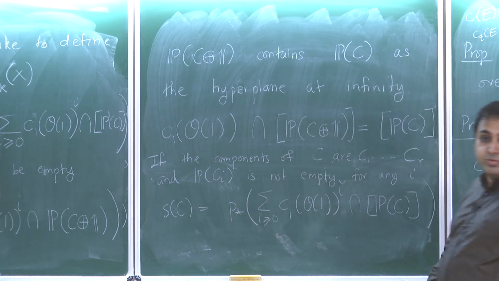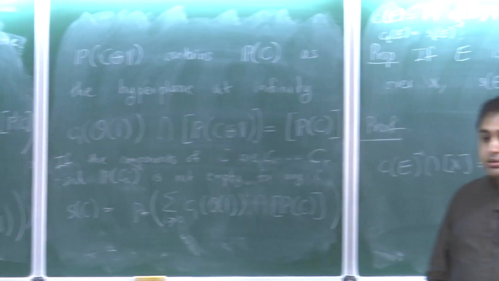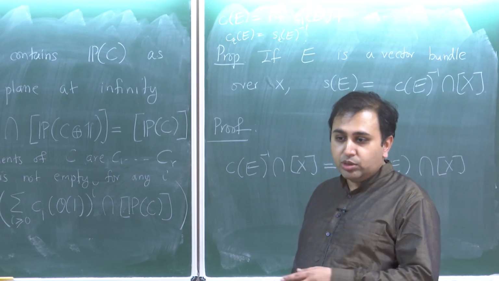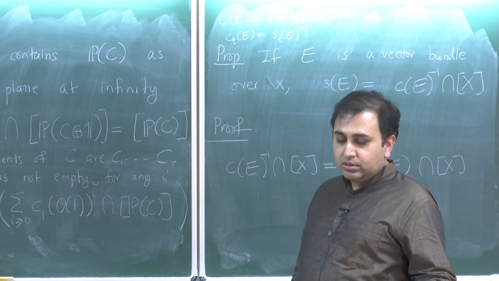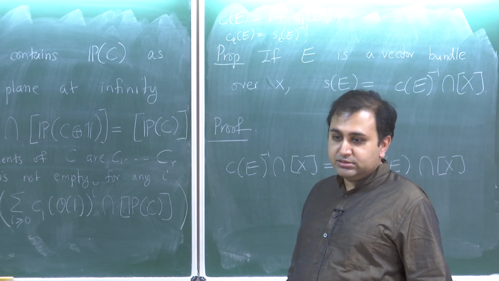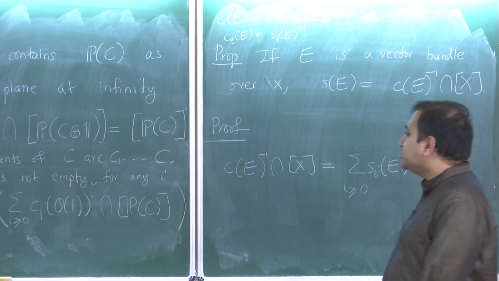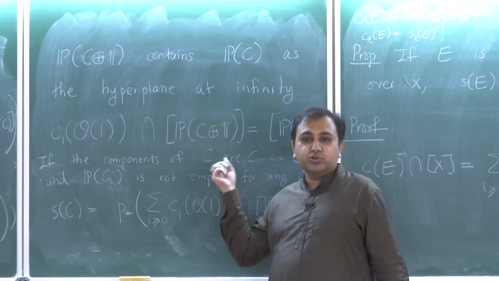Components of C means what? C is a scheme, so I can talk about its components. That's a simple exercise: prove that if C is a cone, then its components are also cones.